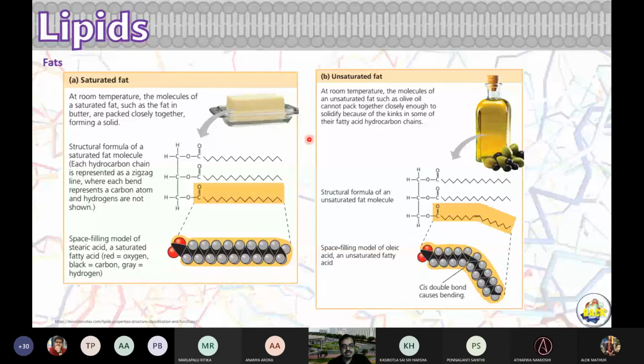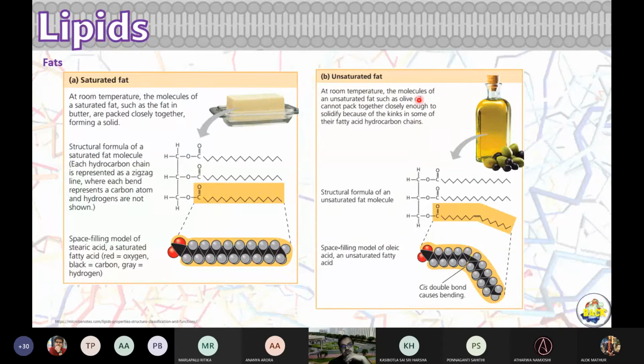Now, what is unsaturated fat? In unsaturated fat, there must be at least one double bond. There can be multiple also. Oleic acid, which you get from coconut oil, normally has one double bond inside. That's an unsaturated fat.